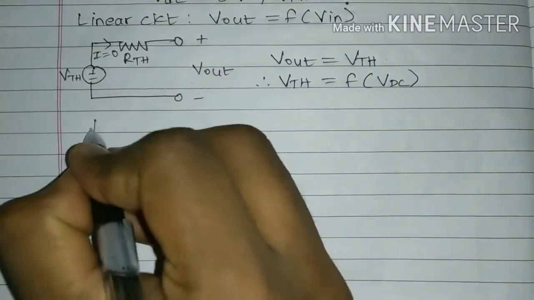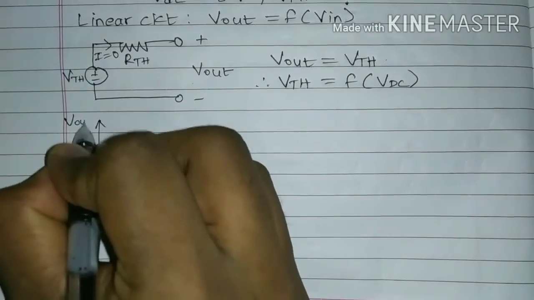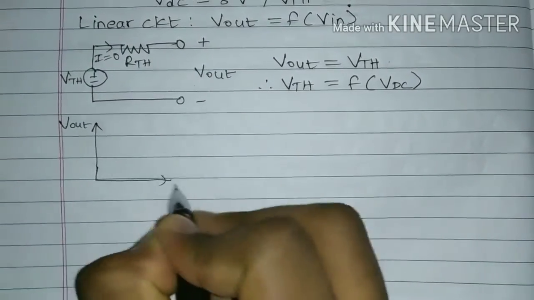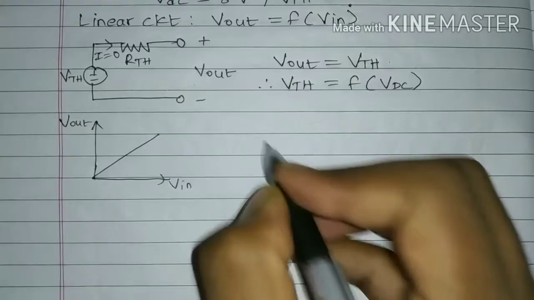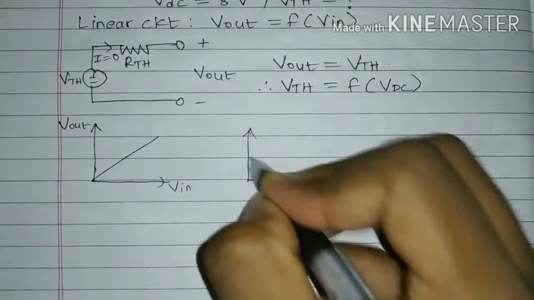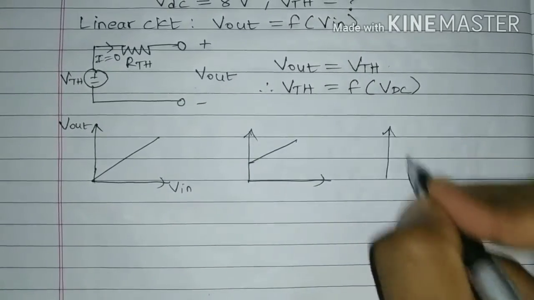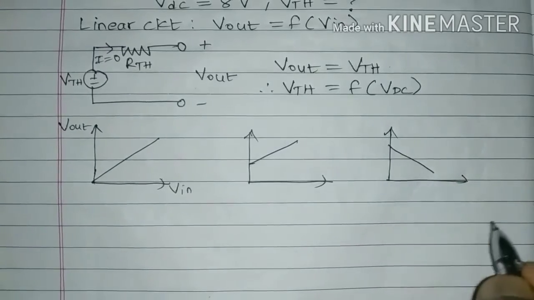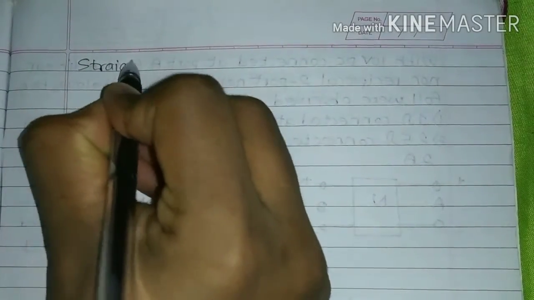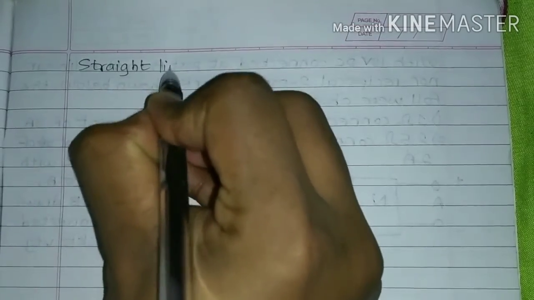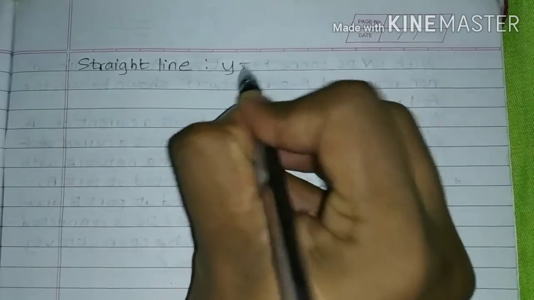So the graph of output voltage versus input voltage must be a straight line since it is a linear network. It can be a straight line passing through the origin, or else it can be a straight line having some y-intercept. It can be a straight line having negative slope. In general, the equation of a straight line is given by y is equal to mx plus c, where m is the slope of the line.